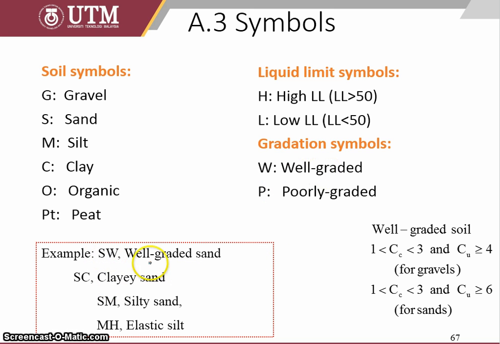W is well-graded and S is sand. Similarly, SC, don't be confused, is a clayey sand, meaning a lot of sand with some clay added. Similarly, SM is silty sand, with silt in it. MH is elastic silt, with high plasticity.